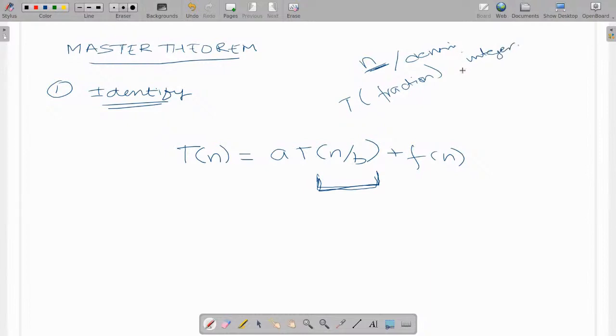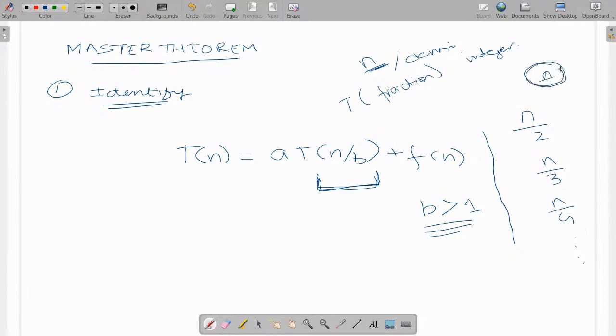Thus we get a condition that b should always be greater than 1, so that we get terms in this form: n/2, n/3, n/4, and so on. If it is just n, then it is not master theorem solvable, because b should always be greater than 1. This is one of the key identifications of recurrence relations solvable by master theorem: the inner T will always be a fraction.